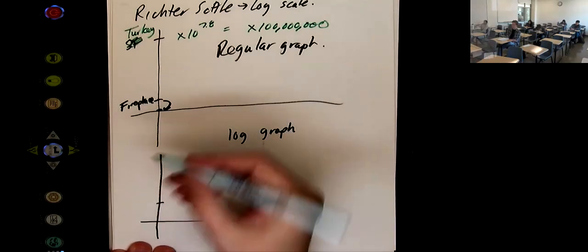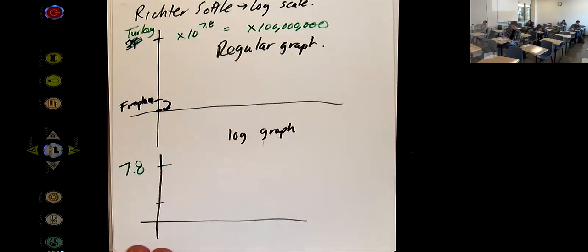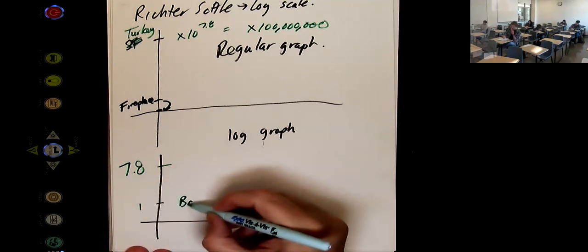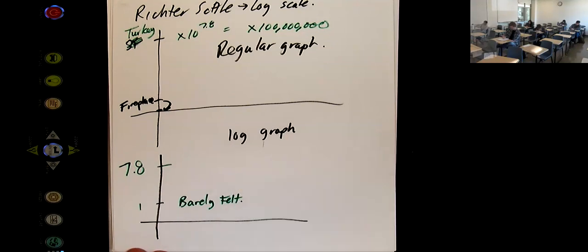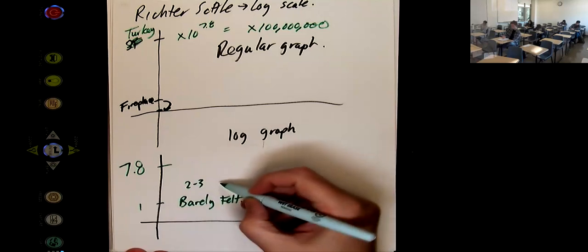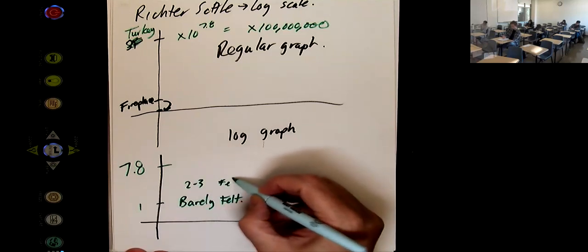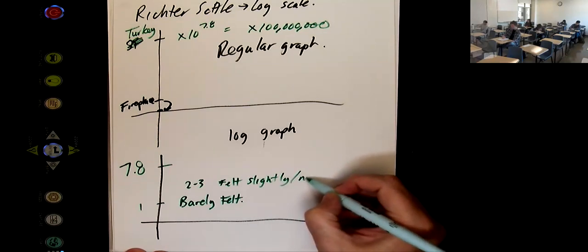Now, when we convert it down to here, Turkey is at 7.8. And something that's barely felt is 1. Even 2 to 3 is felt slightly, but does no damage. No building damage.